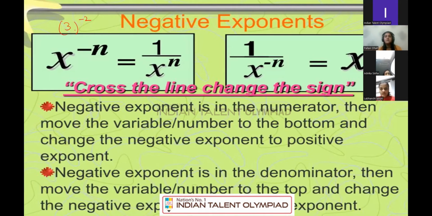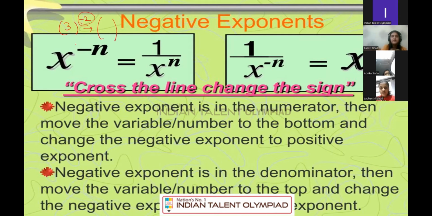We can't. Now the question arises in our head: what can be done to make it positive? How can we make this -2 to the +2? What we have to do is take the reciprocal of the base.